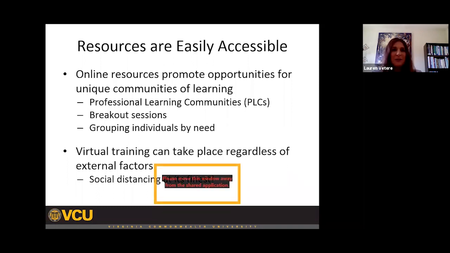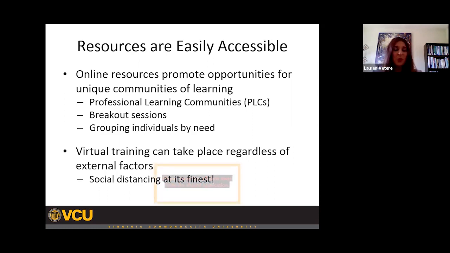And I love using online resources because professional learning communities, or PLCs, can be created with an array of staff members. So you can have breakout sessions with uncommon pairs that can promote learning, understanding, maybe a shared vision with behavioral interventions. You can also group individuals by need.